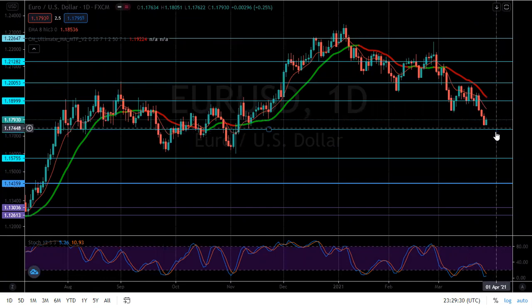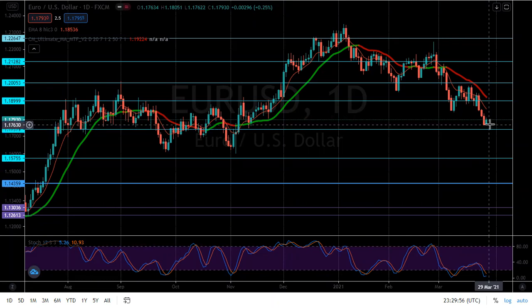Although from the daily, what we have here is a piercing pattern, but not quite, we're in the zone. It's not really a level or a price per se, it's a zone, and I think we're in the zone, even if we've not touched this price level at the 1.1735 area.